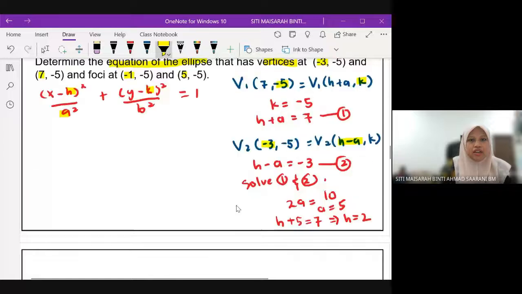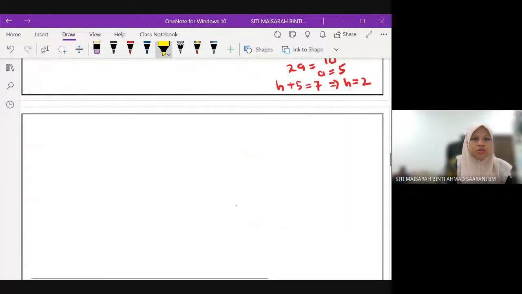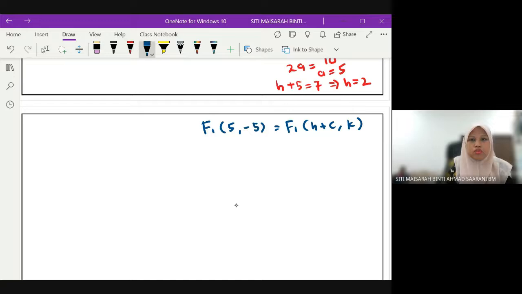Okay, let's say Madam ambil F1. Okay, F1 adalah 5, negatif 5. So F1 is H plus C, K. So kita compare. H plus C is equal to 5. H kita dah tahu tadi 2. Tambah C sama dengan 5. So C sama dengan 3. Okay.